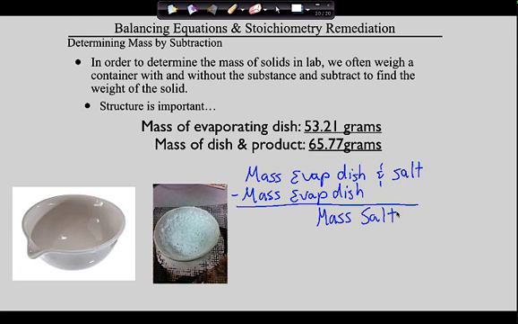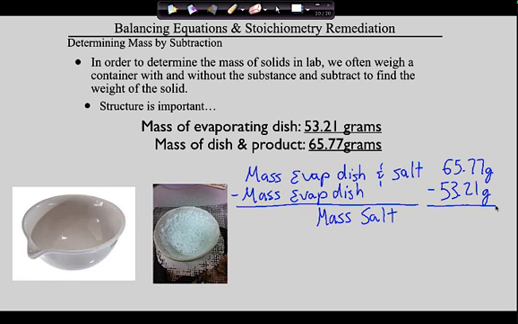Then, keeping our lines in order, we know that the mass of the dish and the salt is 65.77 grams. We know that the mass of just the dish is 53.21 grams. Notice that my decimal places line up, and notice that I put units on my numbers.